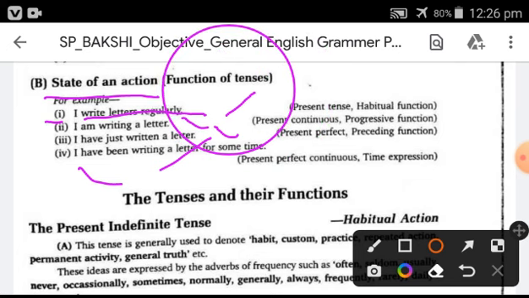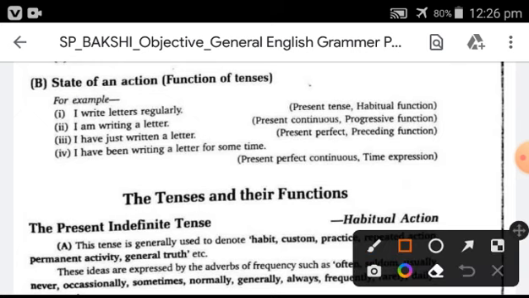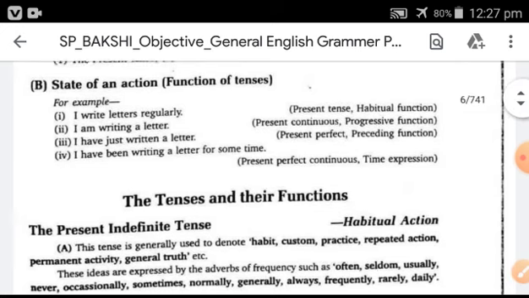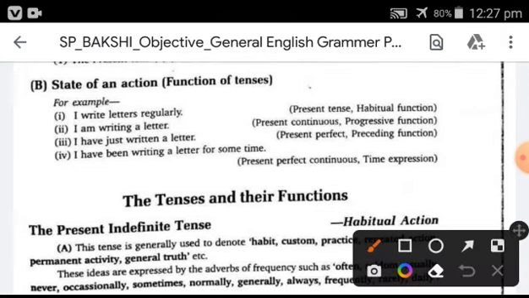First sentence was, I write letters regularly. It means I used to write a letter at regular intervals.